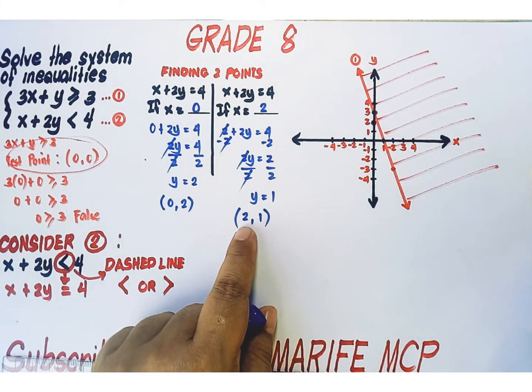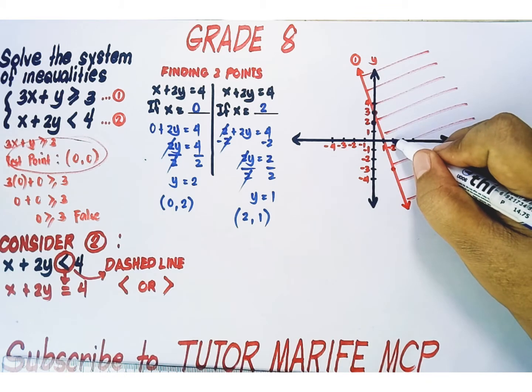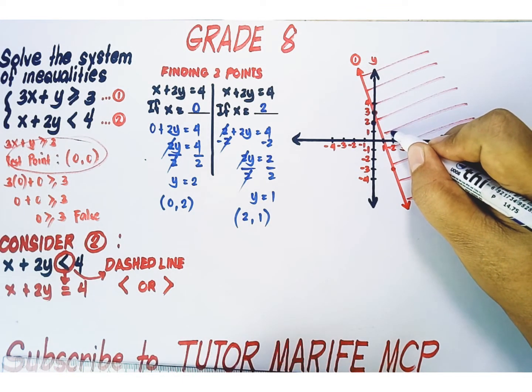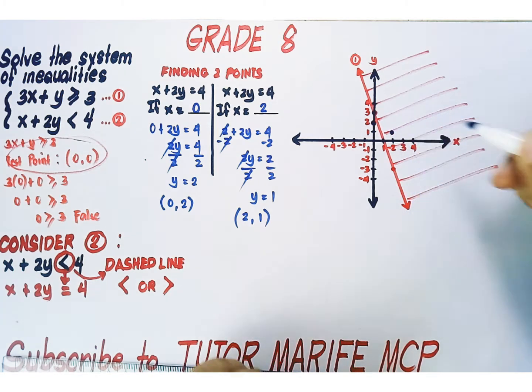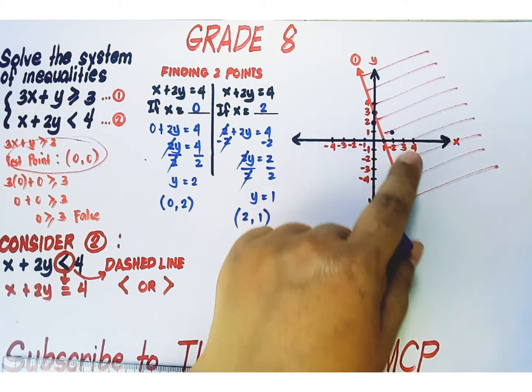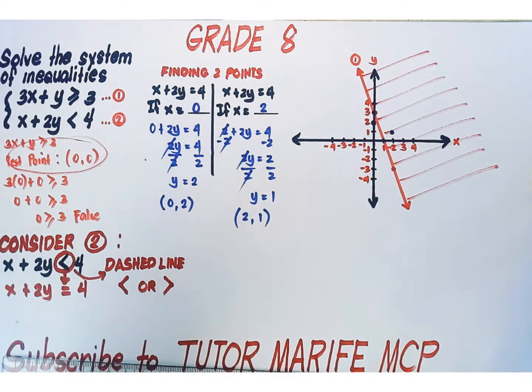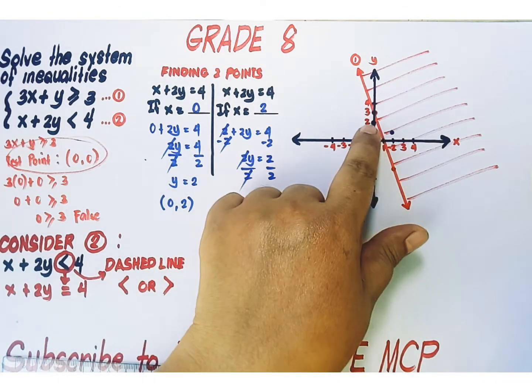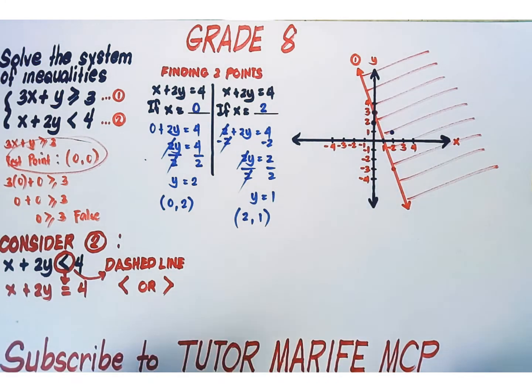Our second point is at 2, 1. X is equal to positive 2, y is equal to positive 1. This is the second point of the boundary line. Now, we're going to draw a dashed line passing through these 2 points.